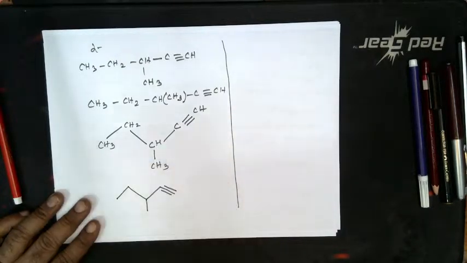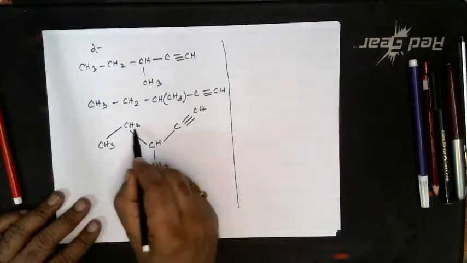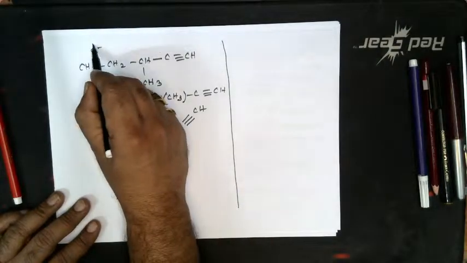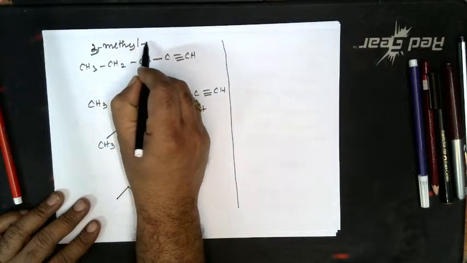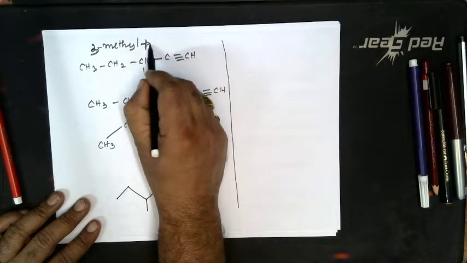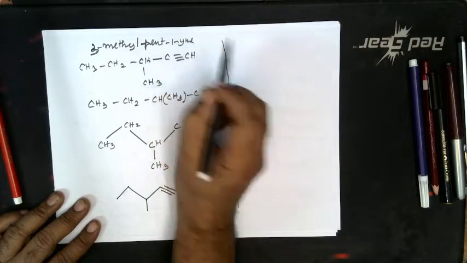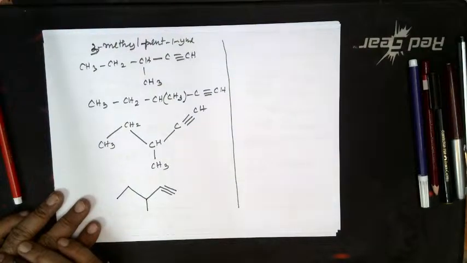You have reduced one. Pent means 5 carbon atoms. You have not put 5 carbon atoms. Rewrite. So 1, 2, 3, 3-methylpent-1-yne. You have to be very careful.